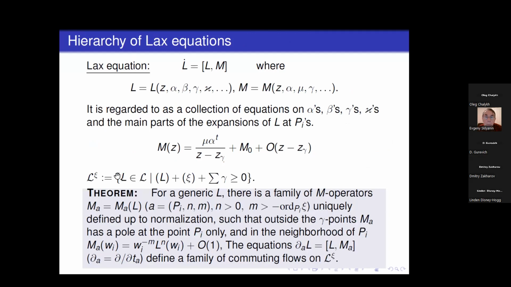Now we define the subspace of all L operators distinguished by the condition that the divisor of L plus the zero divisor of our fixed holomorphic differential psi plus the divisor of gamma points is non-negative.